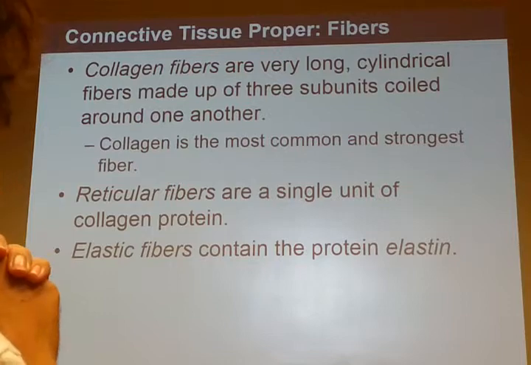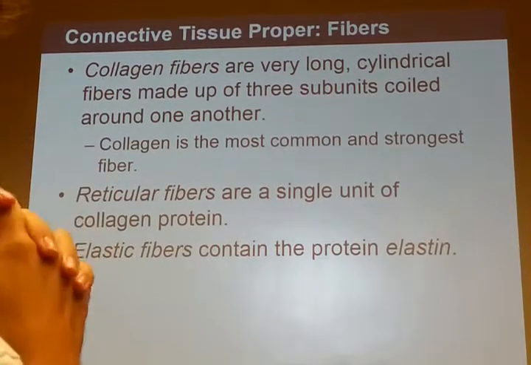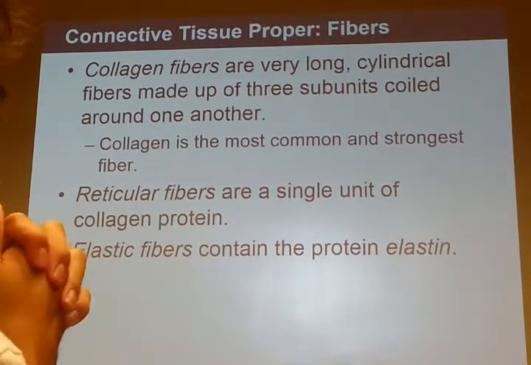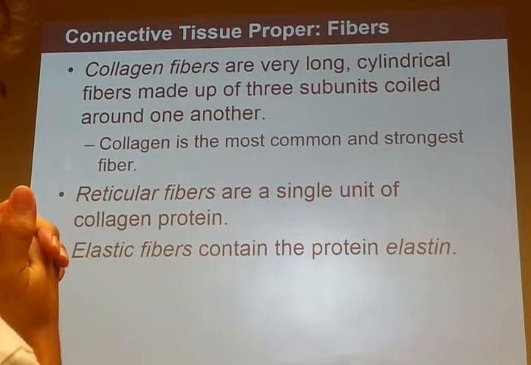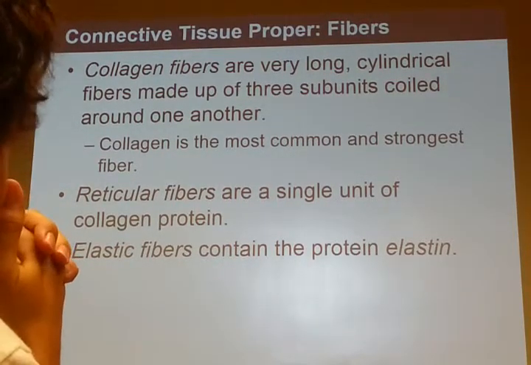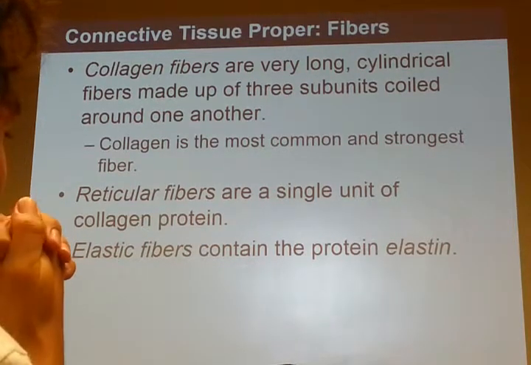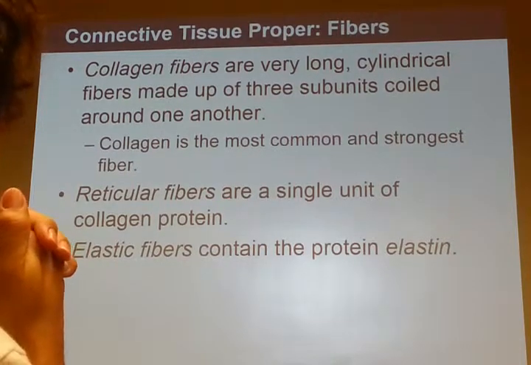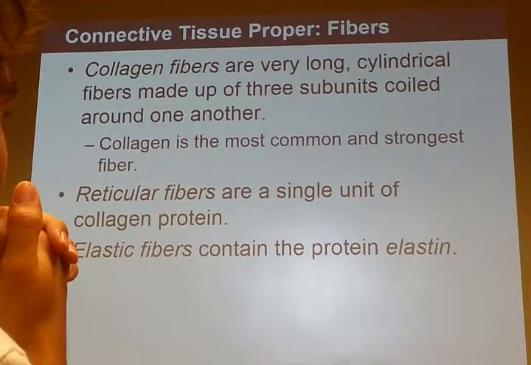So the fibroblasts are forming all these fibers depending on how you put things together. You get something that's very elastic, and then you call it elastin protein. You have a reticular fiber, you call it a reticular protein or a unit of collagen protein. And then you have the collagen that you can have all these different designs.